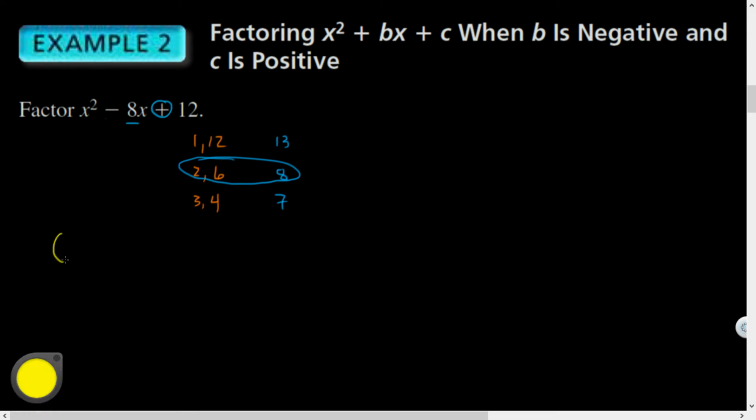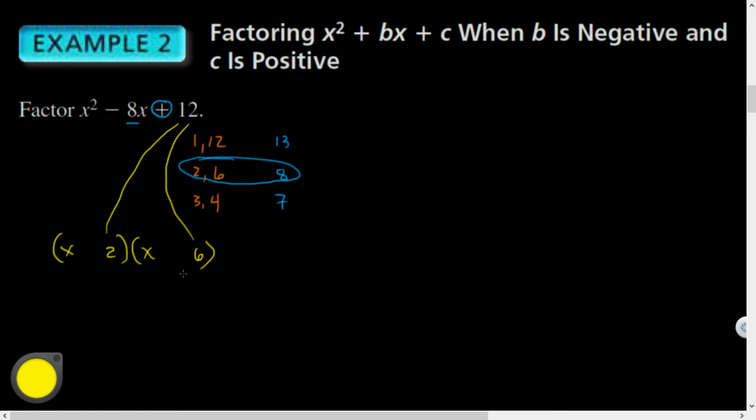So I'm going to have, now check this out, don't write your signs yet. I'm going to have an x with a 2 and an x with a 6. Now, these have to multiply to be a positive 12. That means that their signs are either plus plus or minus minus, because a negative times a negative is a positive.